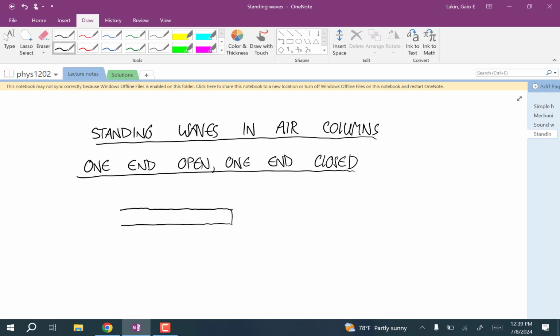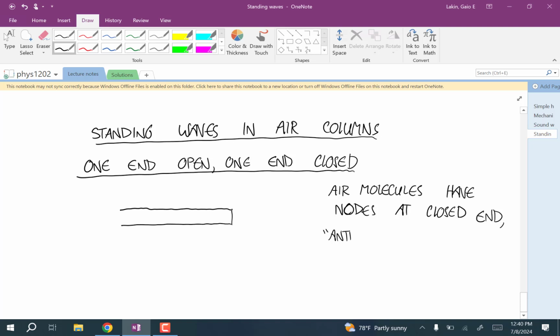Well, it turns out that air molecules will always have nodes at the closed end, and antinodes, which are the maximum displacement, at the open end.